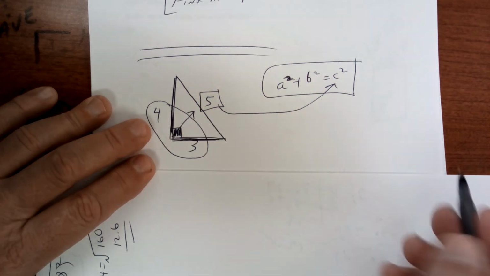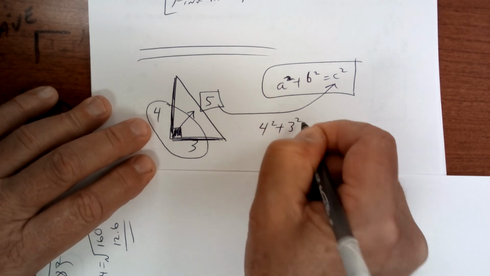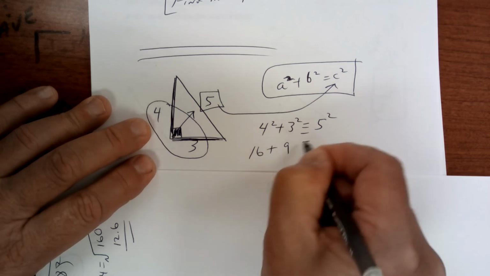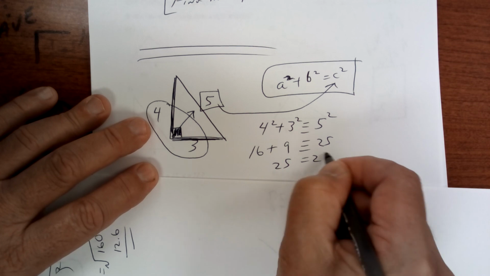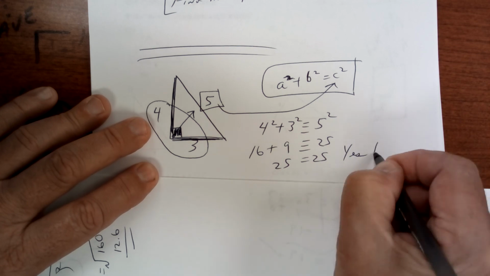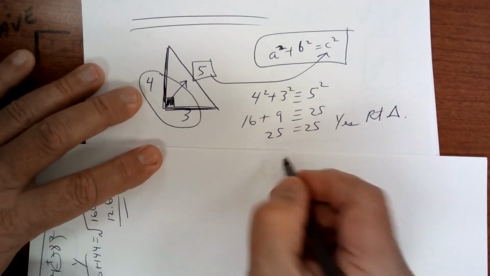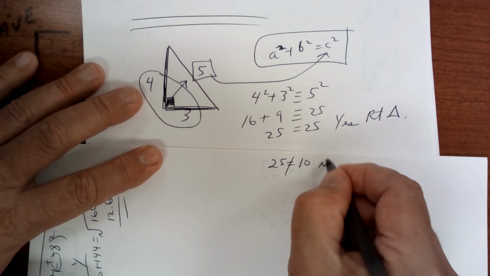So it doesn't matter which one's A or B. So 4 squared plus 3 squared, does that equal 5 squared? 16 plus 9, does that equal 25? The answer is yes. So since they're equal, put yes, it's a right triangle. Now, if they were not equal, so let's say you got 25 is equal to 10, that would be no, not a right triangle. Okay?